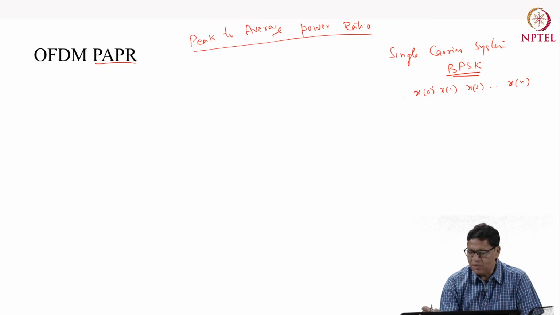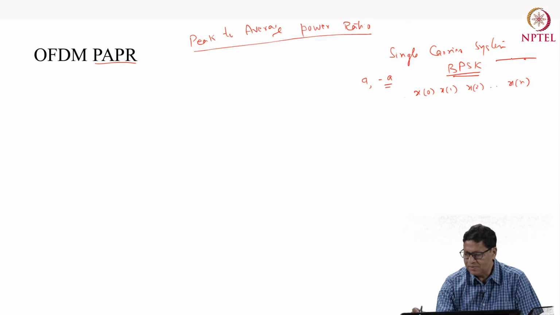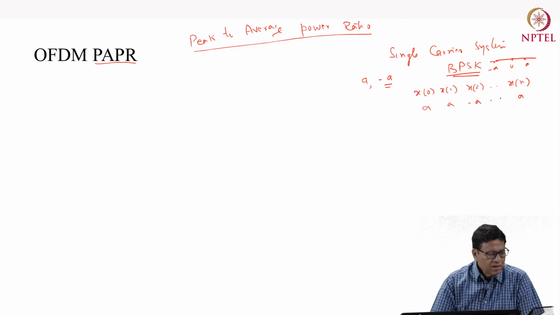And this can have a value either A or minus A, depending upon the constellation. So this is 0, this is A, and this is minus A.